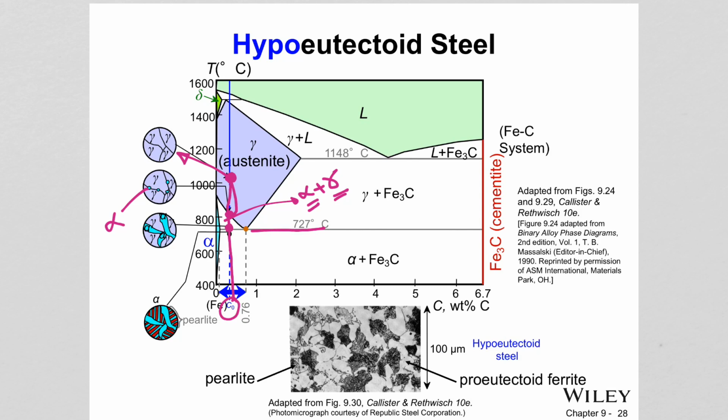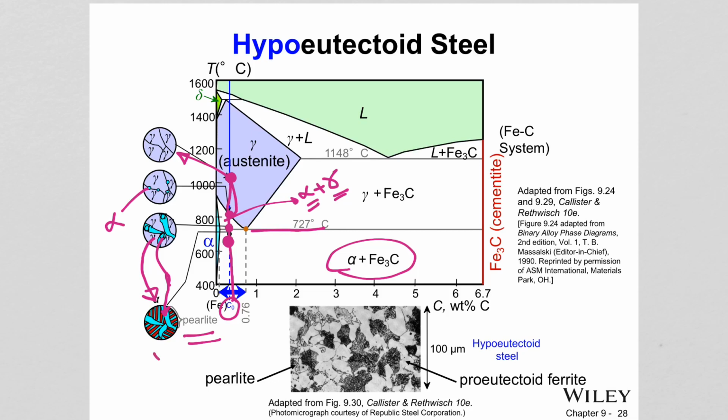If we go below the eutectoid temperature, the alpha will stay, as you can see. But from that gamma, you need to form pearlite, which is the mixture of layers of alpha and cementite.